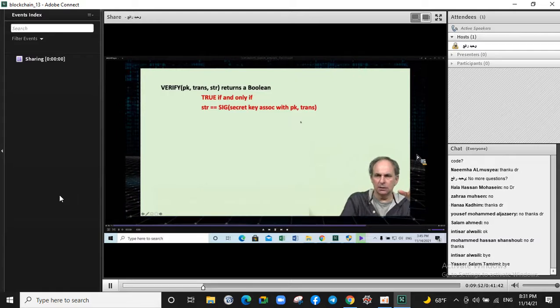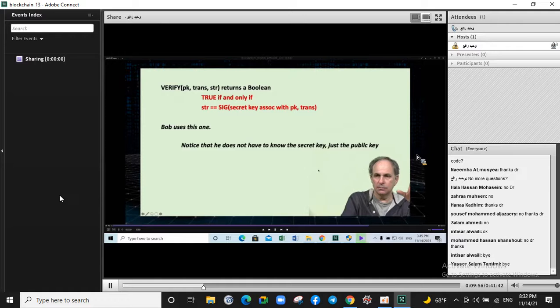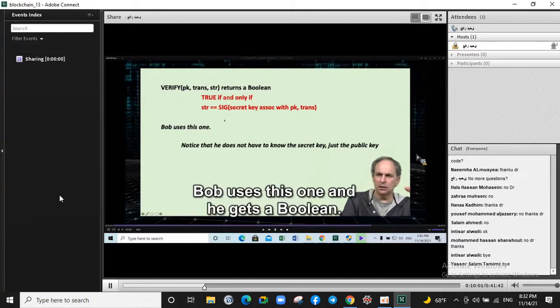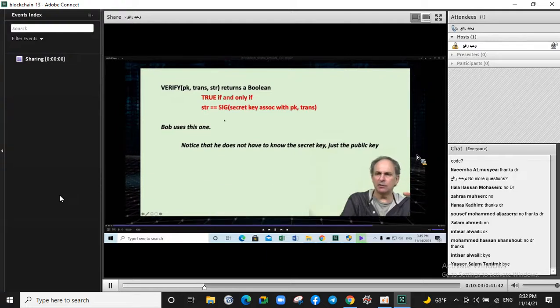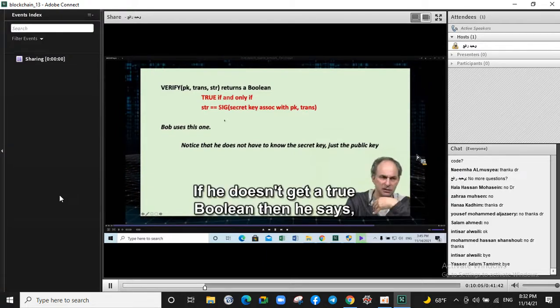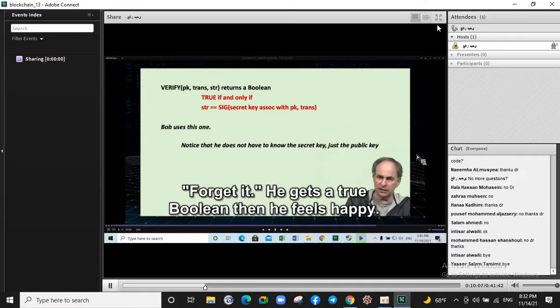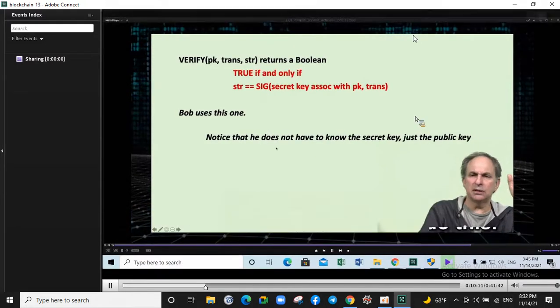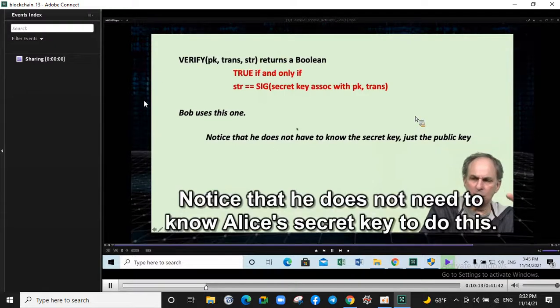Okay, that's another function, and Bob uses this one, and he gets a Boolean. And if he doesn't get a true Boolean, then he says forget it. If he gets a true Boolean, then he feels happy. Okay. Notice that he does not need to know Alice's secret key to do this.